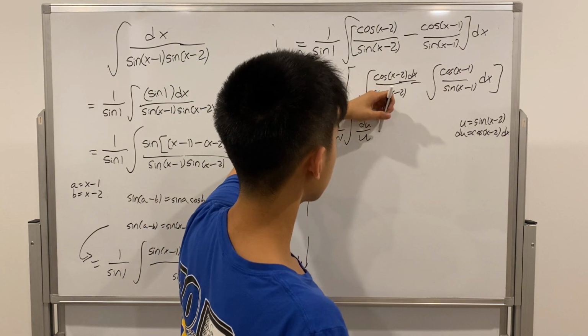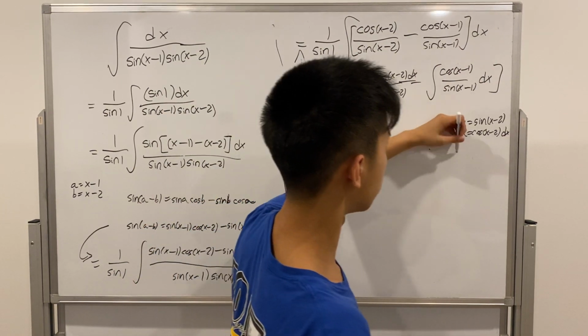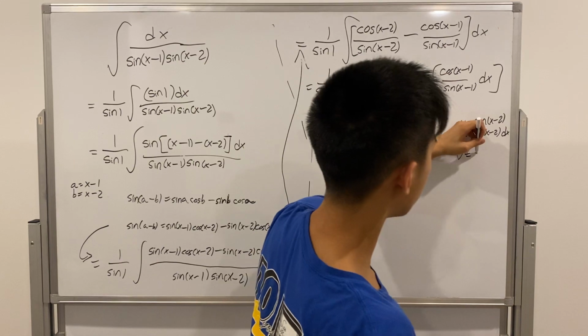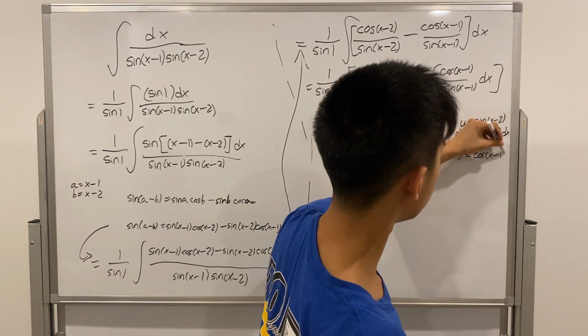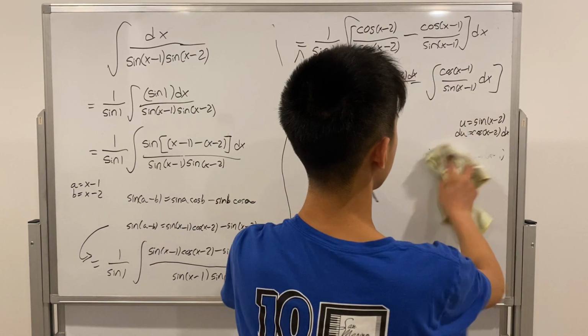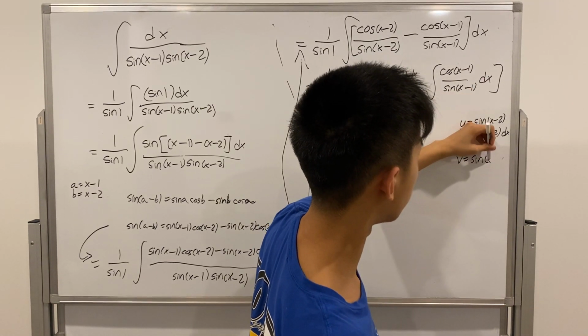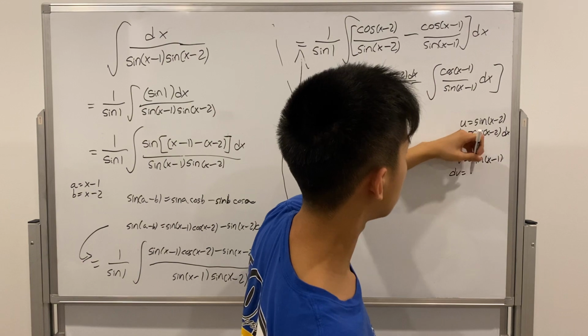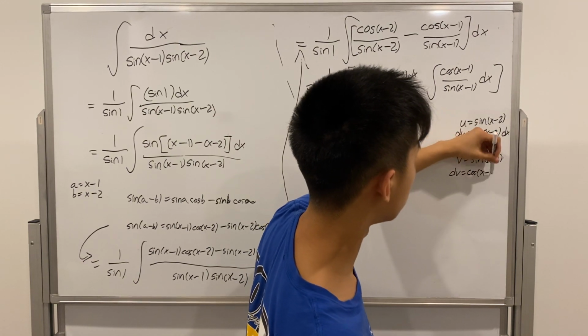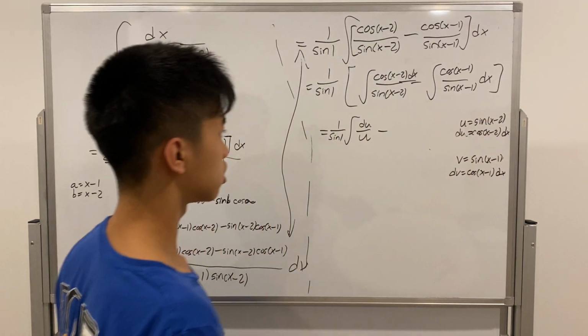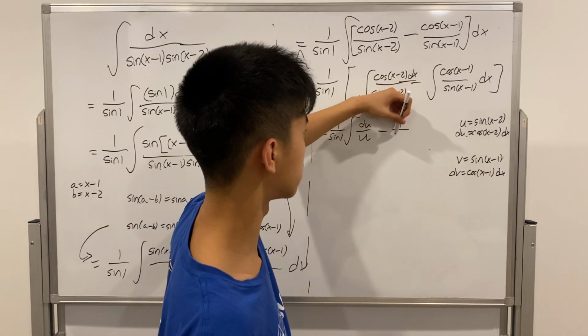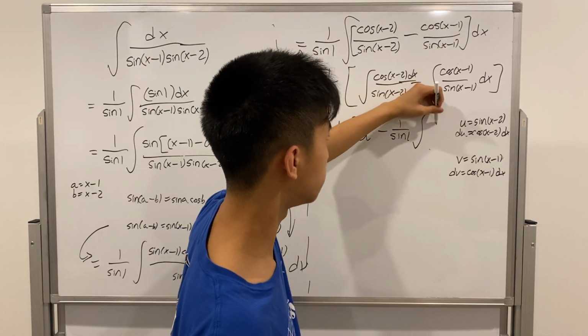For the second integral, we can set v as sine of x minus 1, which would make dv equal to cosine x minus 1 dx. So then we'll have 1 over sine 1 of dv over v.